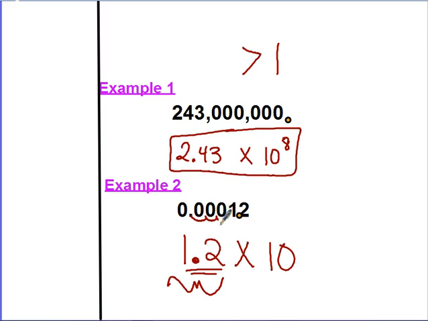We moved it 1, 2, 3, 4 times. Our original number was a very, very teeny tiny number. Let me put the decimal back where it was. It was less than 1 whole. So therefore my exponent should be negative. So 1.2 times 10 to the negative 4th.